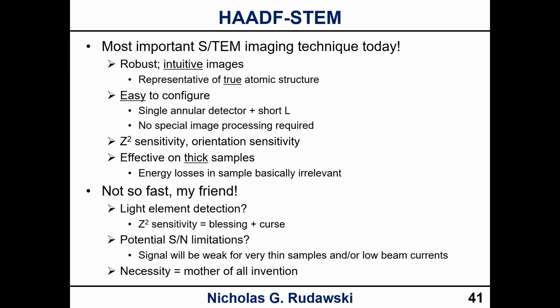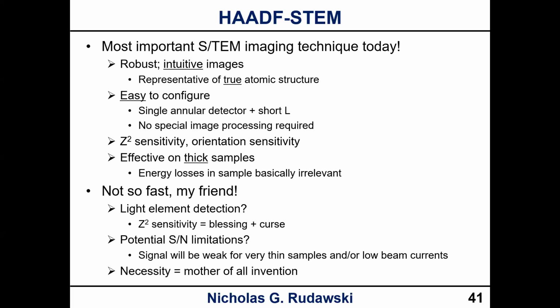So if you go back and look at the diffraction pattern projected onto the STEM detector, what you'll notice is most of the intensity in my pattern is low angle scattering with the direct and the Bragg components. That's where the majority of my signal is. So if my sample happens to be really thin, the HAADF signal is going to be very weak.